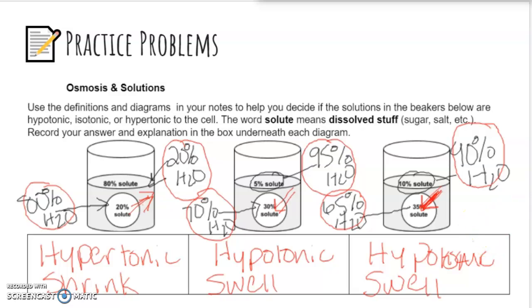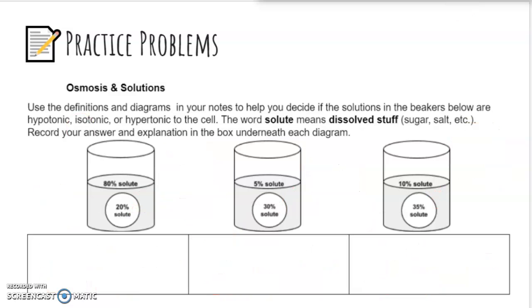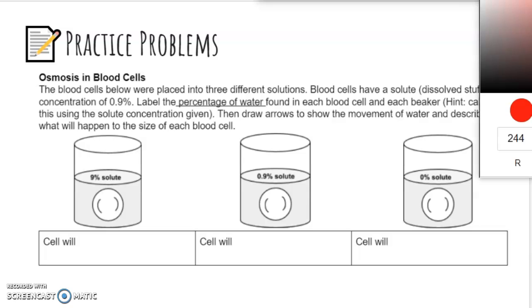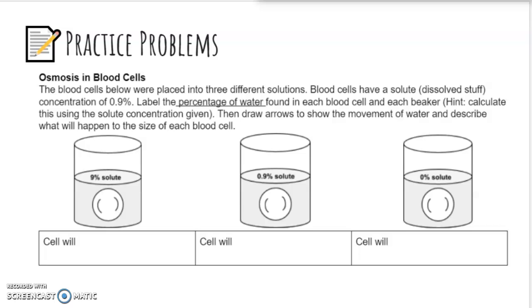Let's try one more in terms of what this might look like in a blood cell. All right, so osmosis in blood cells. The blood cells below were placed in 3 different solutions. Blood cells have a solute or dissolved stuff concentration of 0.9%. So let's take a look at what that means.